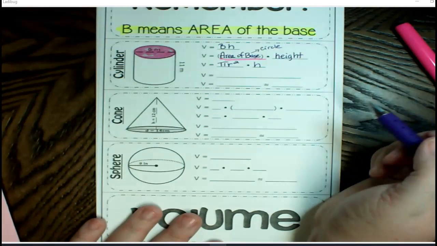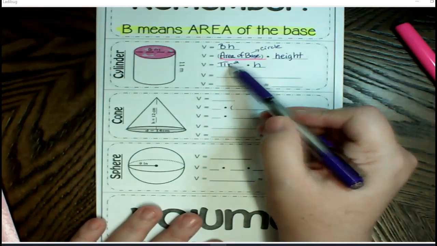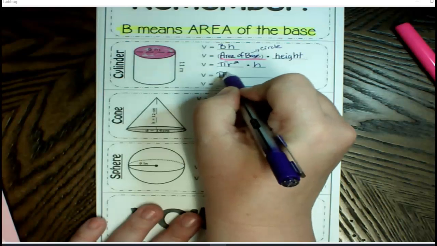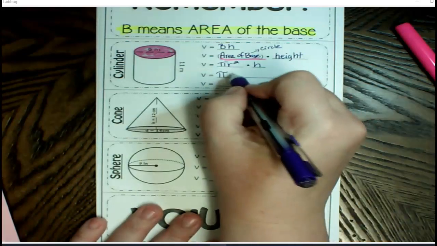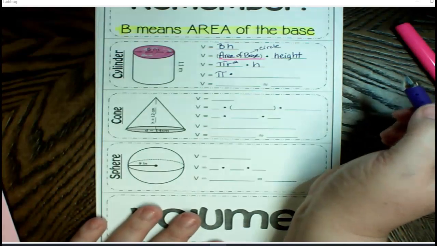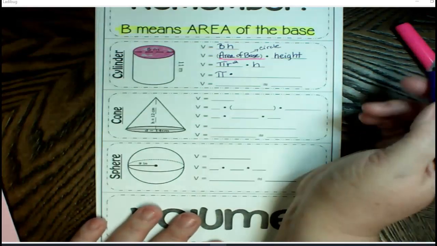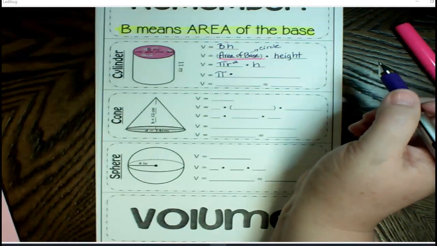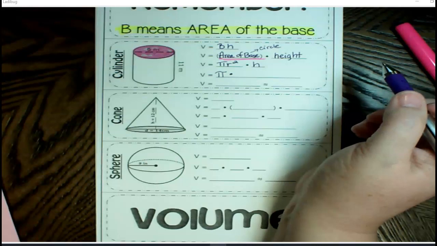All right, now we need to substitute in for my radius and my height. So we're going to bring down pi times, what's my radius here? Ooh, I heard two different answers. I heard 3 and 6. Think about circles from last year.